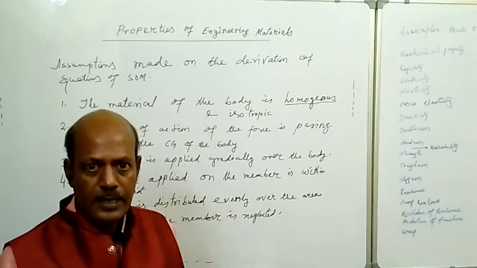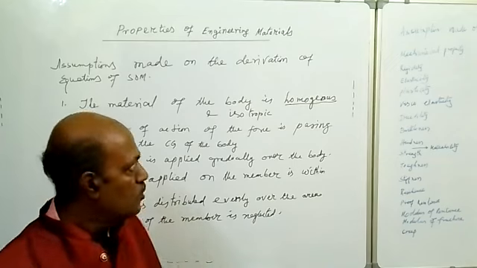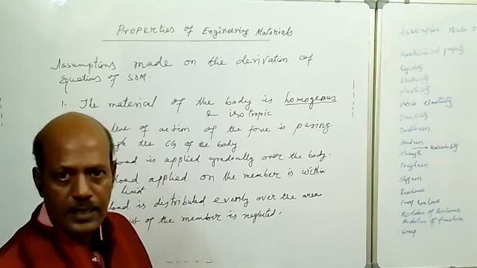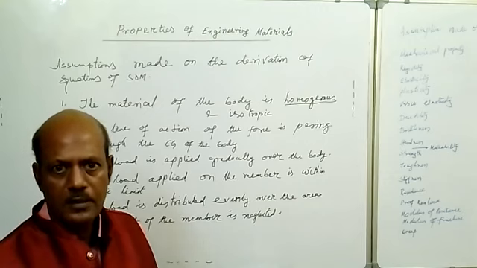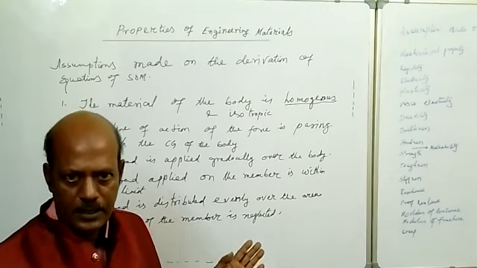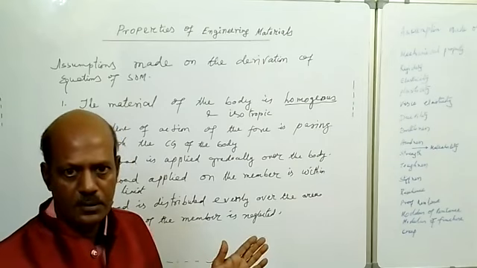Assumptions are made to simplify the calculation. In real cases, there may be so many problems, so derivation is not possible if we consider the real cases. That's why the assumptions are made to simplify the calculation.